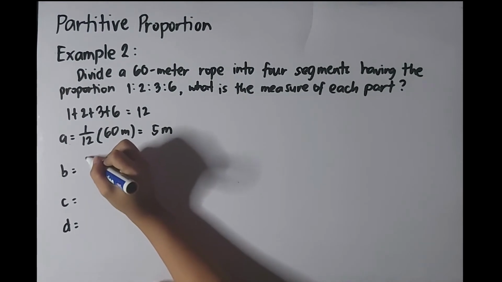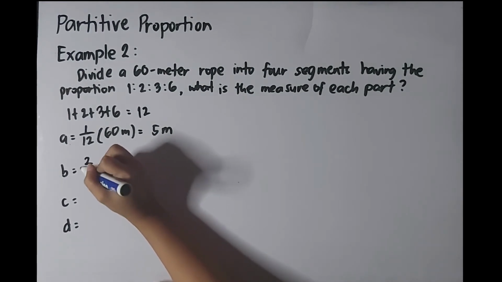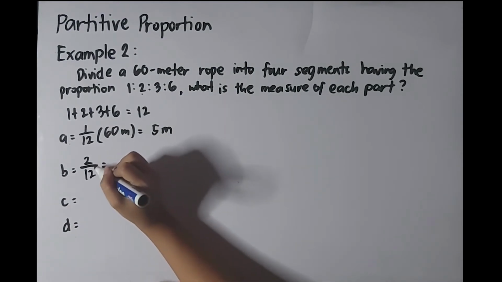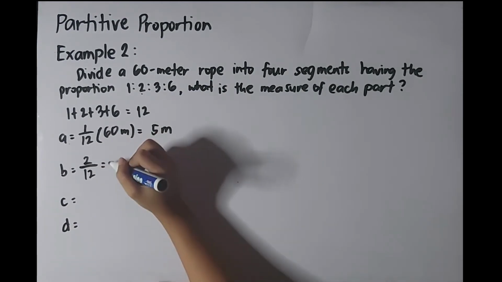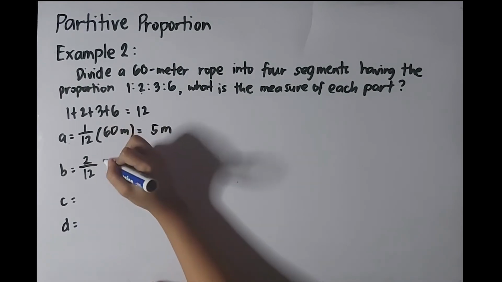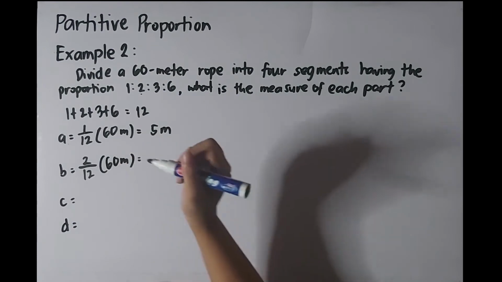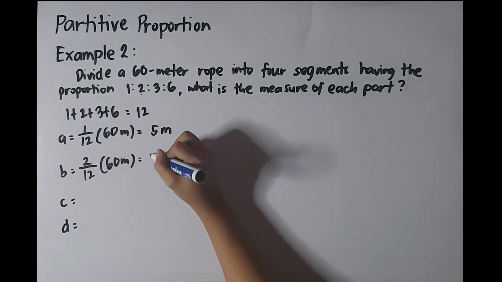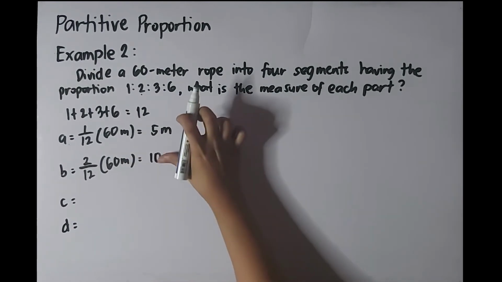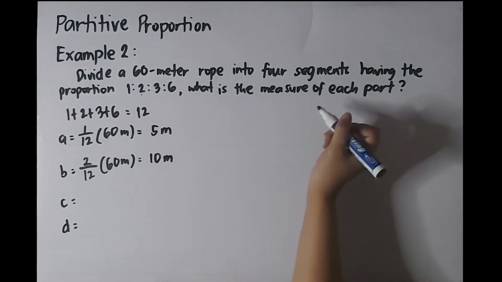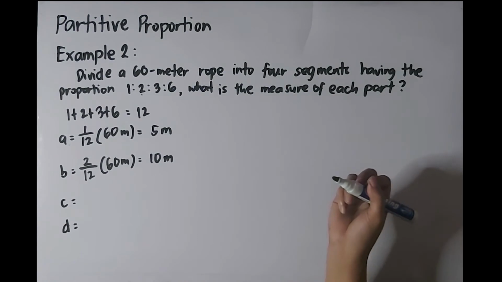Let's have the second part. We have 2/12 which is equals to 1/6 of 60 meters, that is equals to 10 meters. So 10 meters is the length of the second segment of the rope.